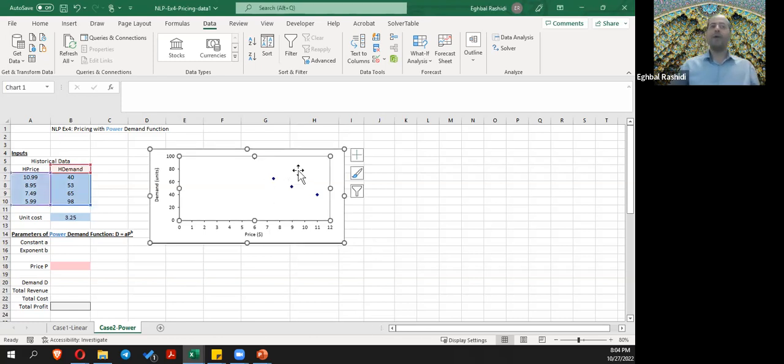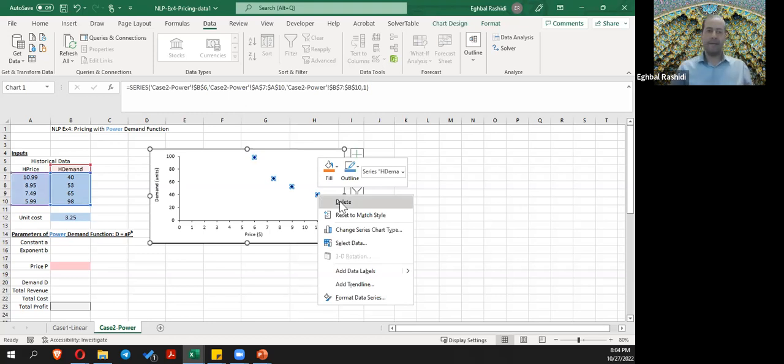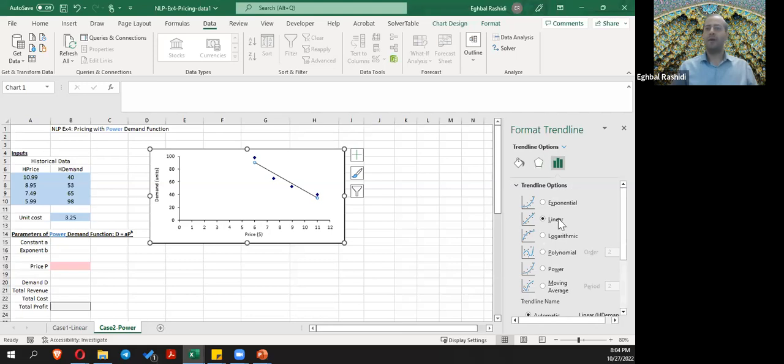So what I can do is click on one of these points here, right click on it, and then ask for add trendline.